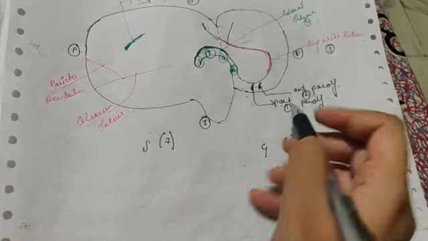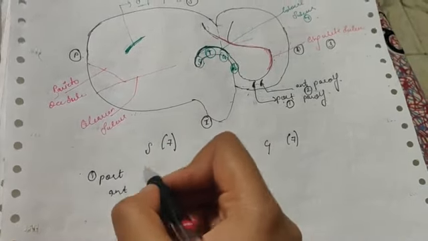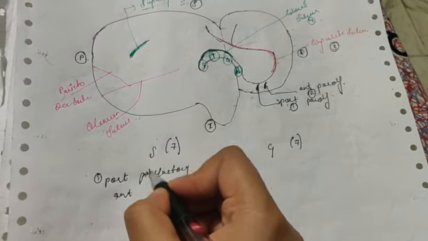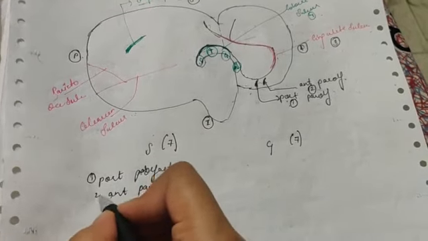So the first ones are posterior and anterior parolfactory.